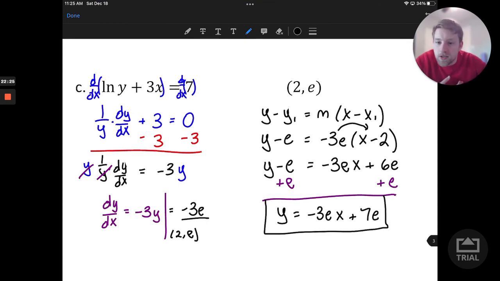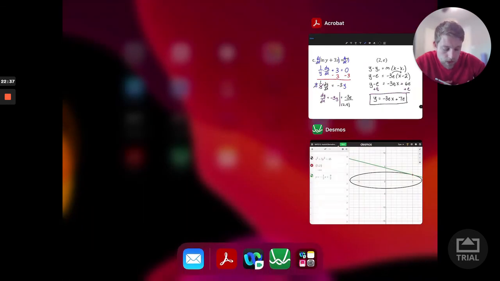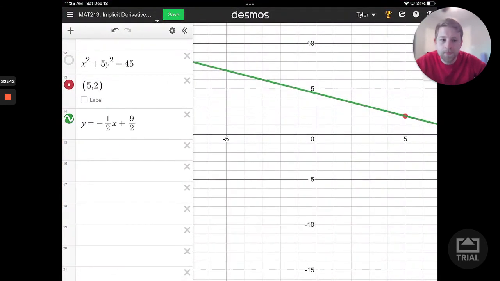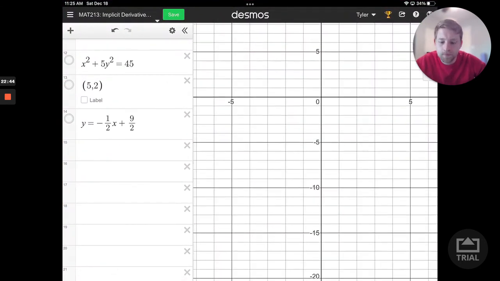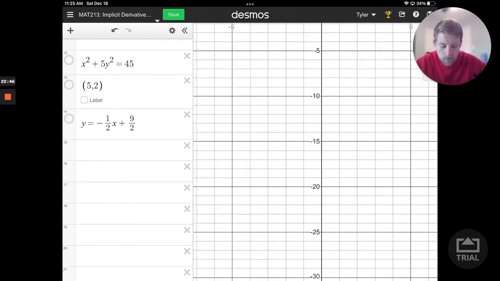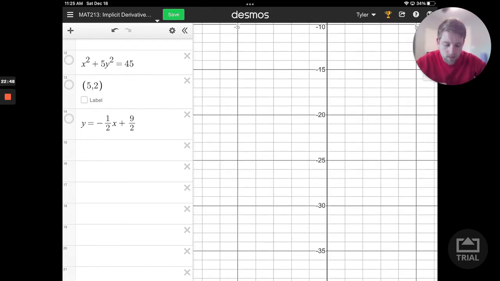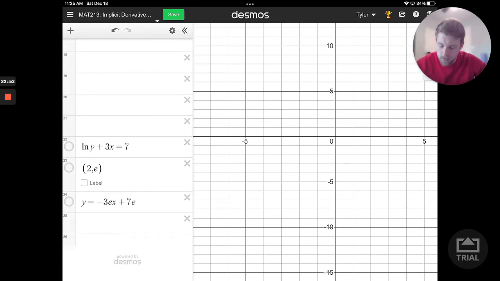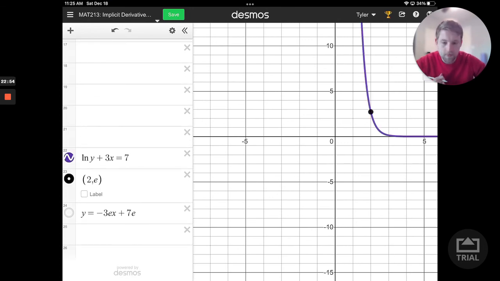Again, this would be a good one to just take a look, see how we did on our graph. So we'll look at the equation and then the tangent line as well at the point 2 comma e. Let's go over to Desmos one more time to consider that result. And we'll scroll down and go ahead and grab that equation. We have our point.